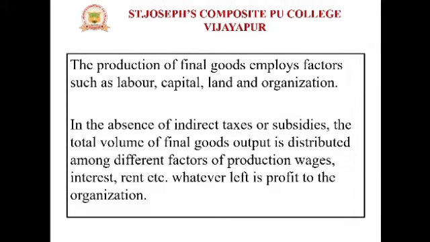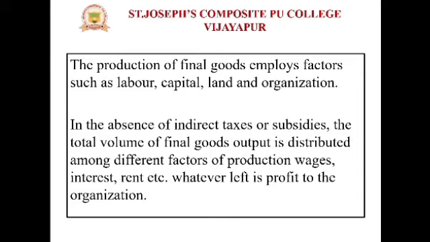The production of final goods employs factors such as labor, capital, land and organization. In the absence of indirect taxes or subsidies, the total volume of final goods output is distributed among different factors of production, like wages, interest, rent, etc. Whatever is left is profit to the organization.